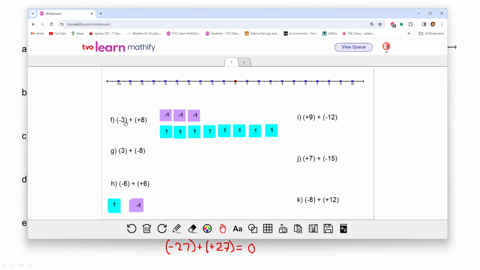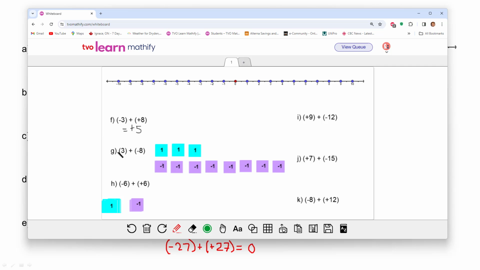So here's my negative 3, and here's my 8 positives. There's 2, 4, 6, 8 here. If you think about it, this part here, just like I showed on the number line, all adds to 0. And what's left over is the 5 positives. So that's why that would be positive 5. That's another way you could think of that.